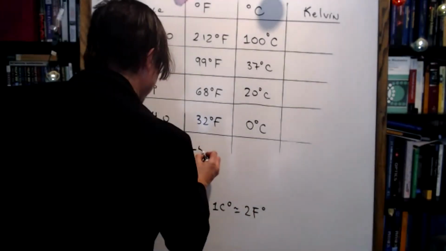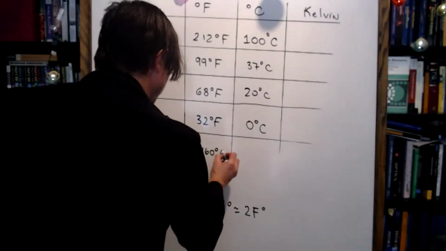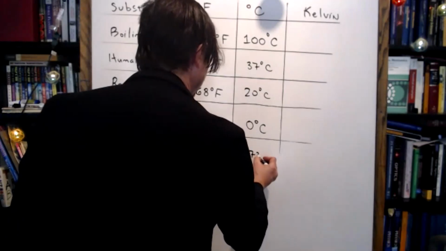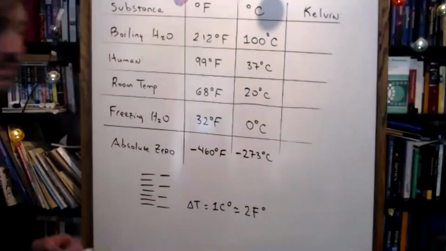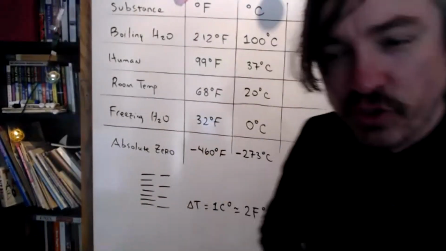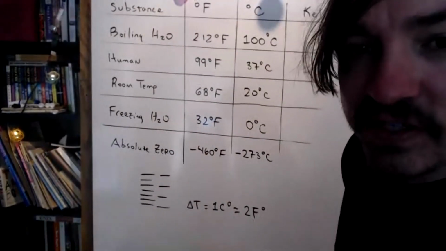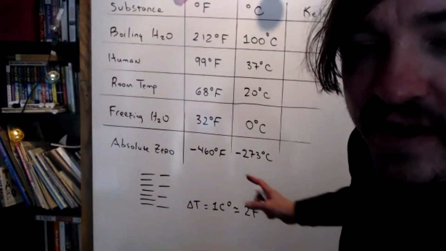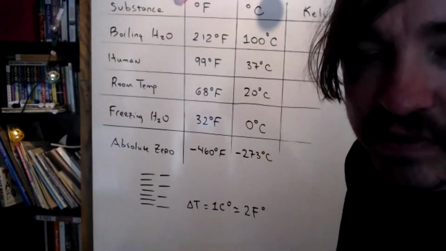That occurs at negative 460 degrees Fahrenheit, or at minus 273 degrees Celsius. We have managed to cool substances to within a 10 billionth of a Celsius degree of absolute zero, but nature has never actually allowed us to get to absolute zero.